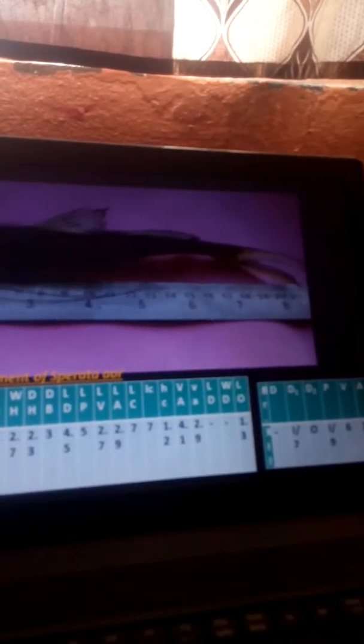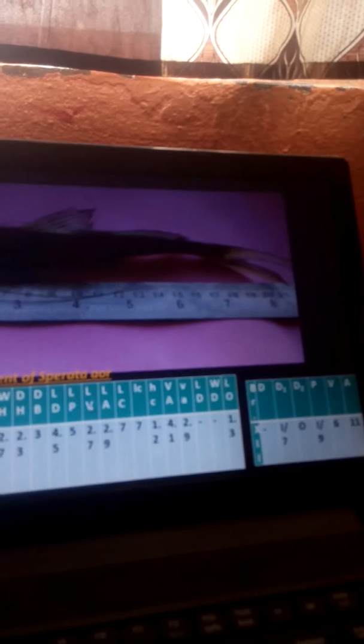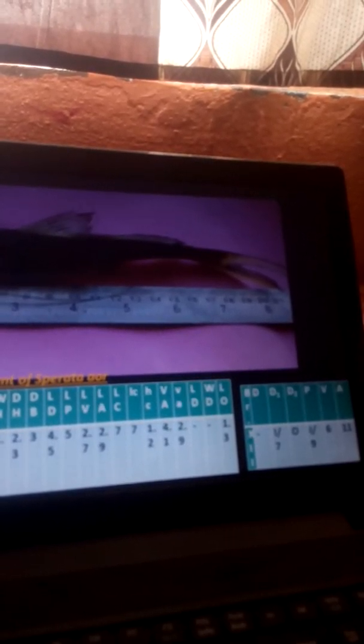process. So likewise, after taking all these various lengths of the fish, and after counting the rays and spines present in this fish, now we are capable to identify the fish.